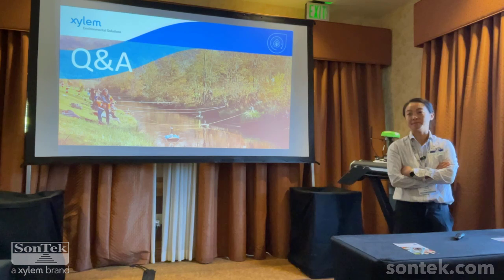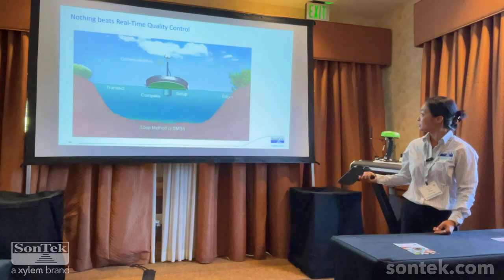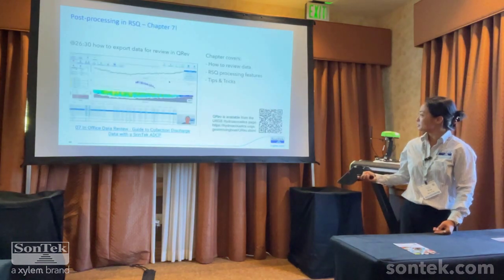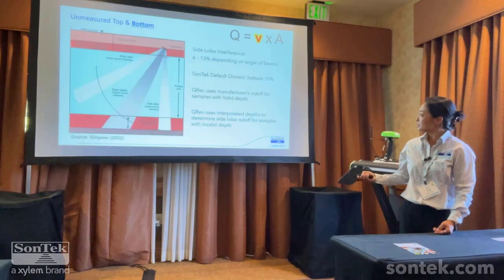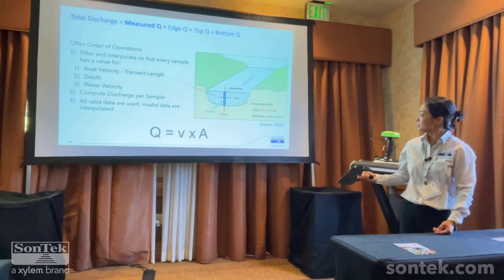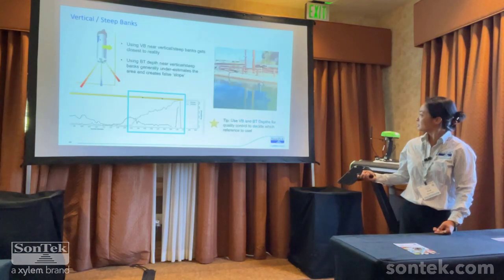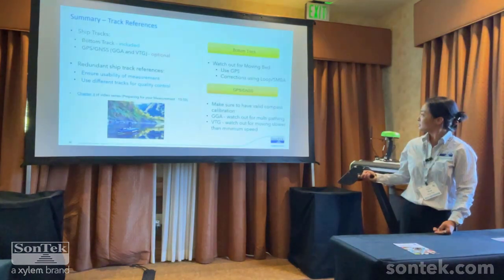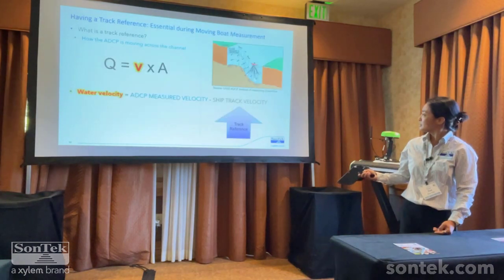And you can compare that corrected version to the GPS version as well. So you can flip back and forth. Let me show you. It'll show you the original Q and then the corrected Q as well. So you can see, once you've applied the loop correction, what difference it made in your final discharge.